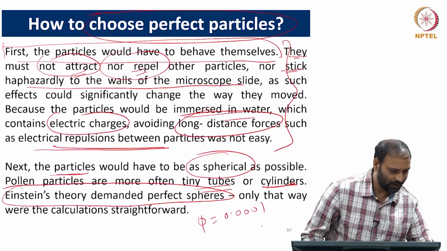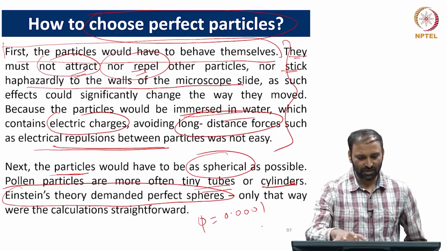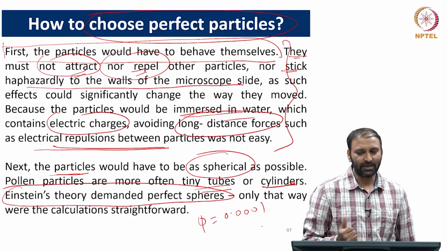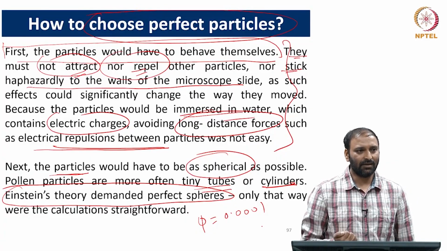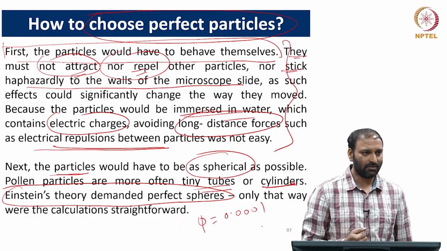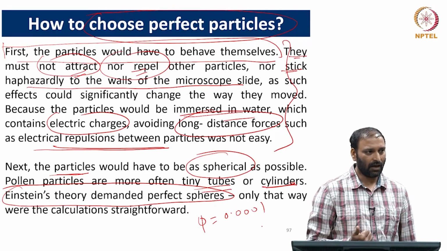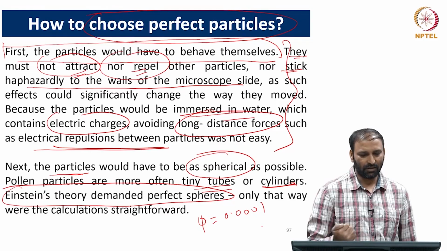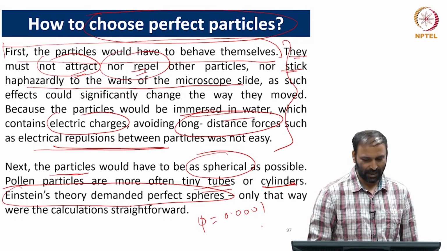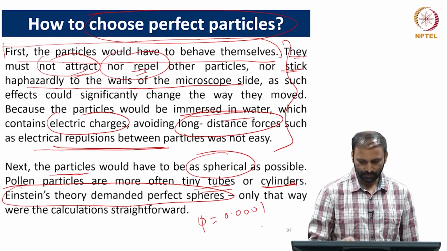So if you look at the first part, it says that the particles should neither attract nor repel, okay, and they should neither stick to the walls of the container, right. Okay, that is one requirement.